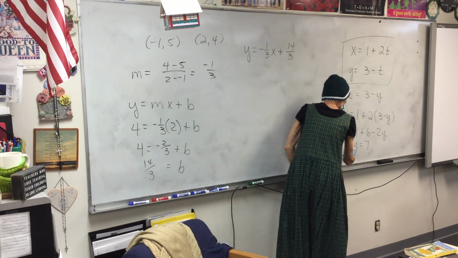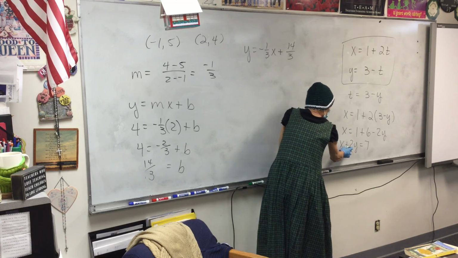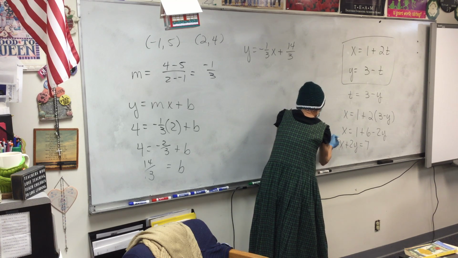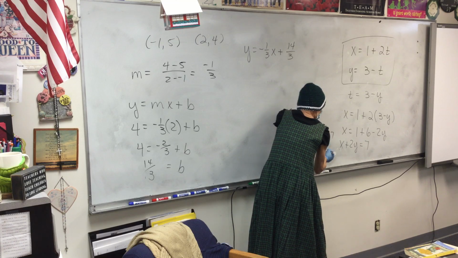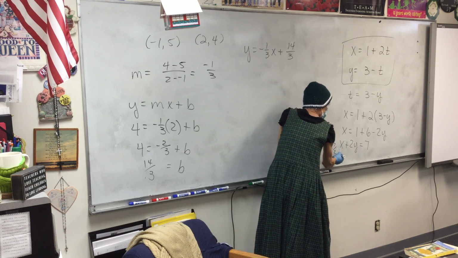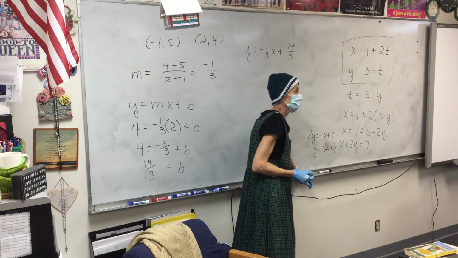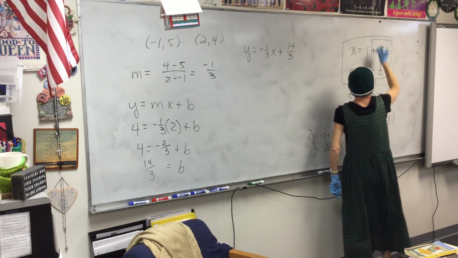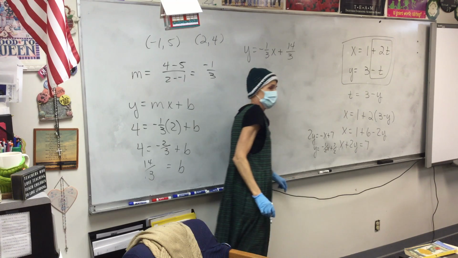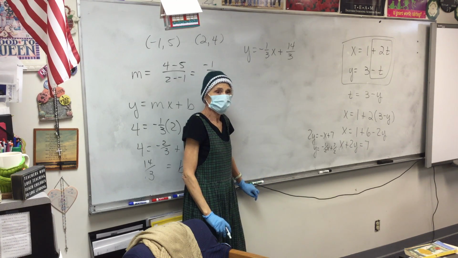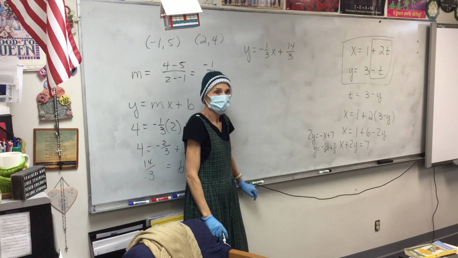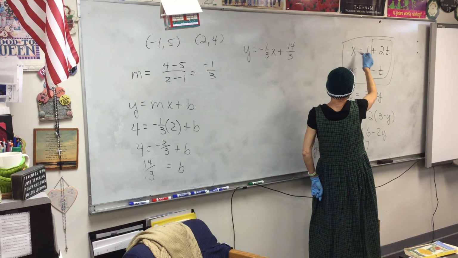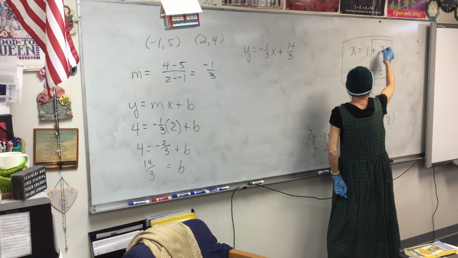What is the slope of this line? Negative 1/2. I'd like you to look right here. The slope of the line is negative 1/2. Y over x.